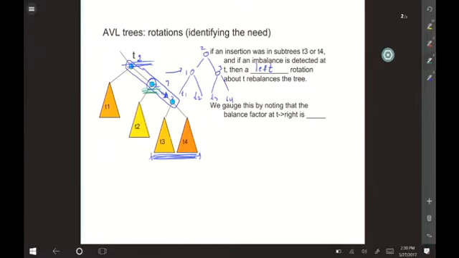That height balance, or balance factor, the difference between heights, is 1.